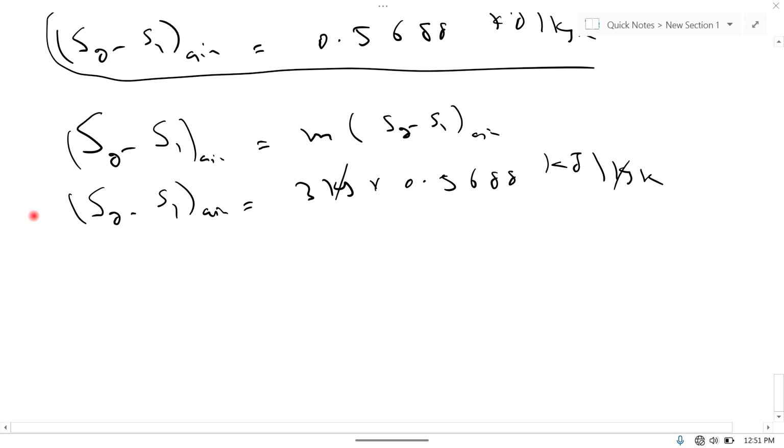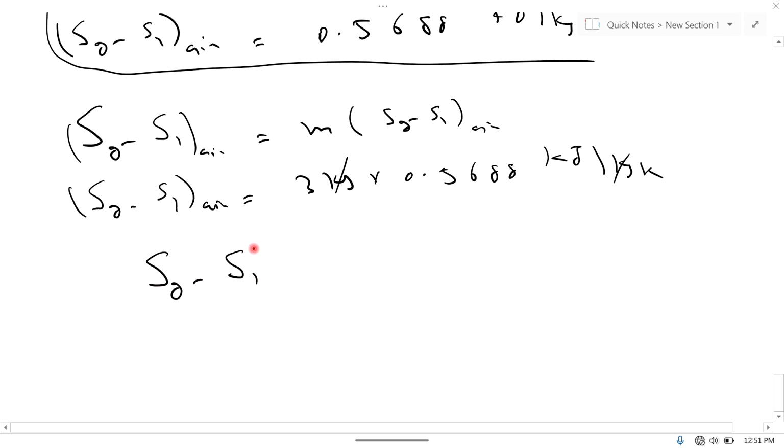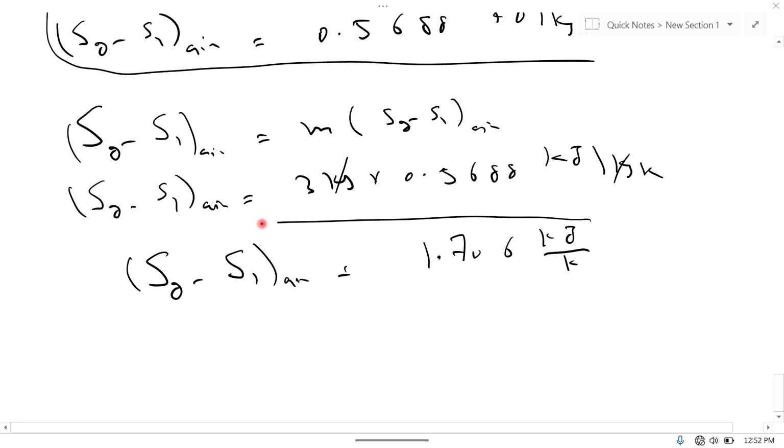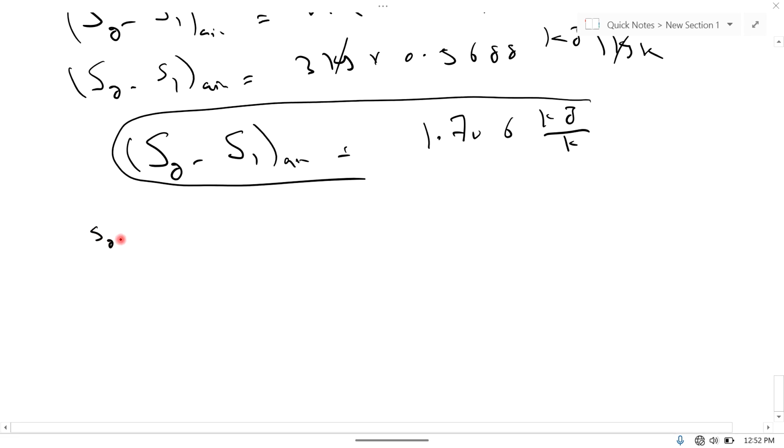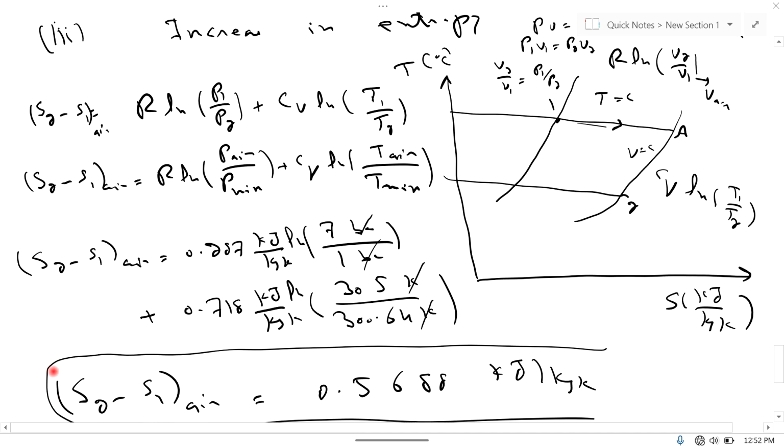As specific entropy is equal to total entropy divided by mass, total entropy is equal to mass multiplied by specific entropy, which is equal to 1.706 kilojoule per Kelvin. Now we are finding entropy change per carbon monoxide. So entropy change per carbon monoxide, the same formula and same TS diagram.